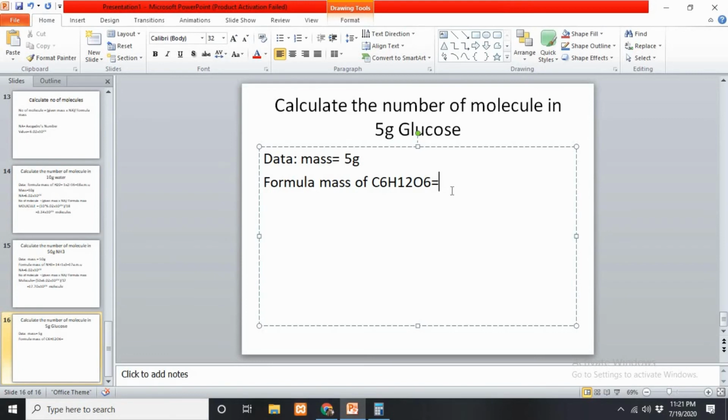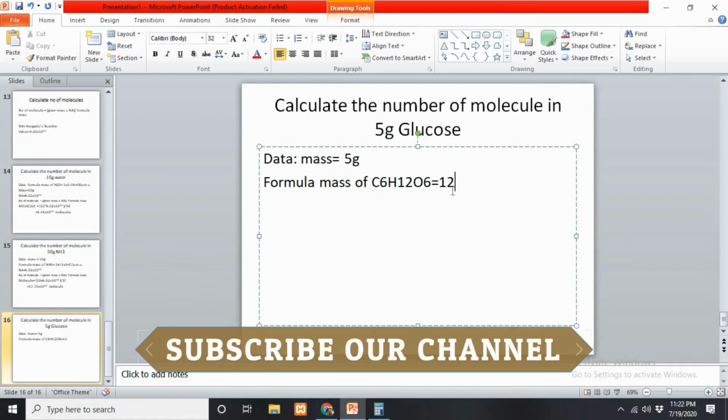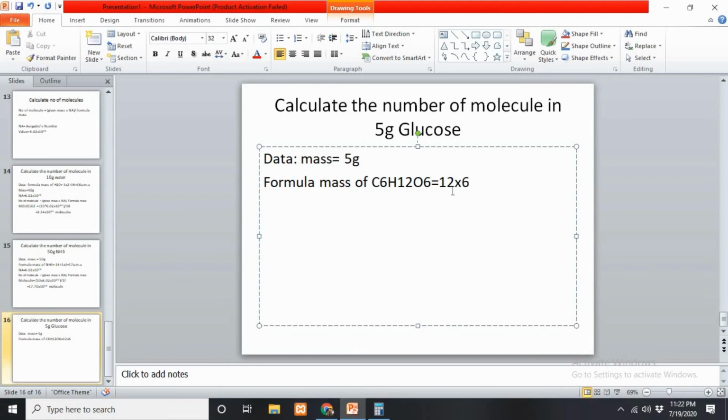So calculate the formula mass. The mass number of carbon is 12 and it contains 6 atoms. The next thing is hydrogen. The mass number of hydrogen is 1 and it will be multiplied by 12. Similarly, the mass number of oxygen is 16 and it will be multiplied by 6.